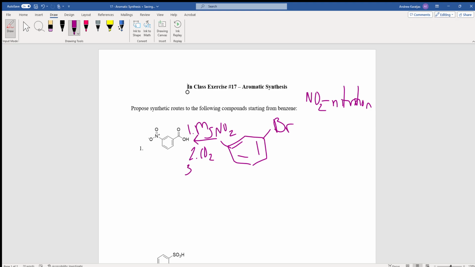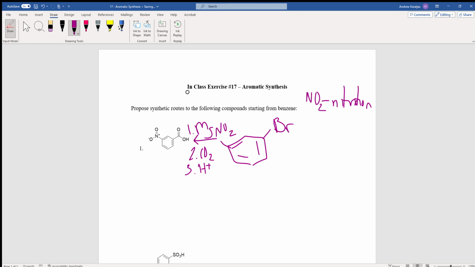And upon quenching that with acid, we yield the carboxylic acid. So that's our first step. Or, when we first step retrosynthetically, if you're thinking about this in the forward direction, this would be our last step.